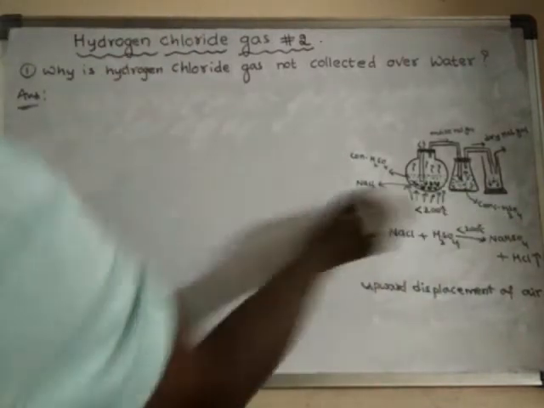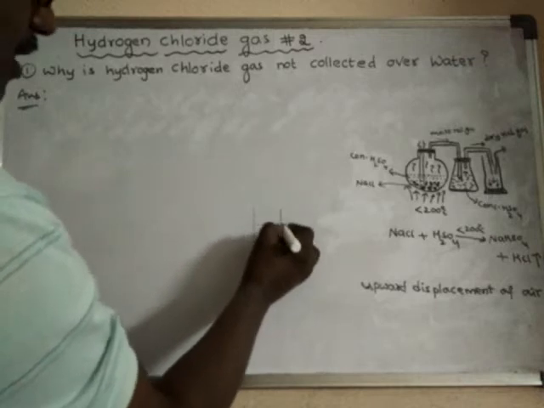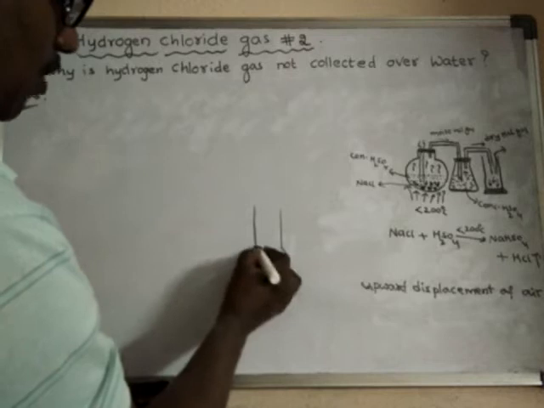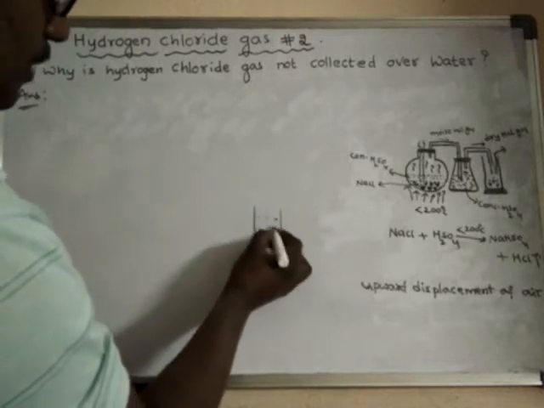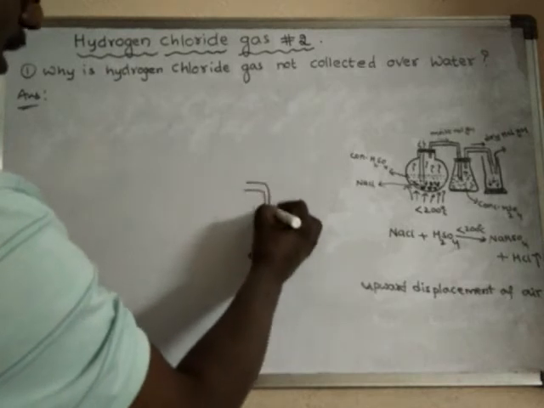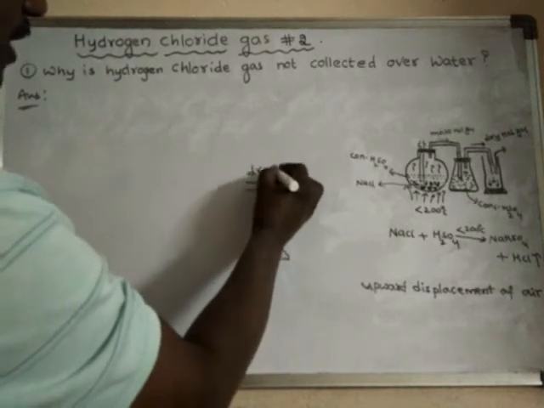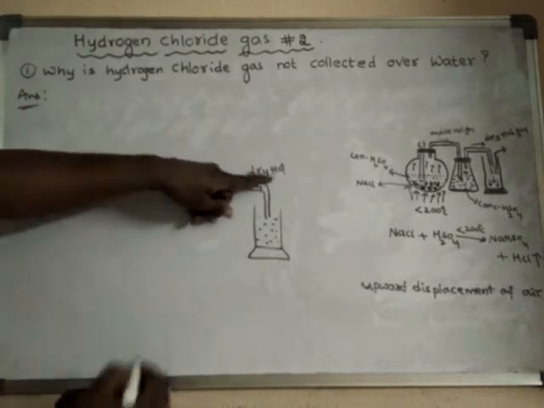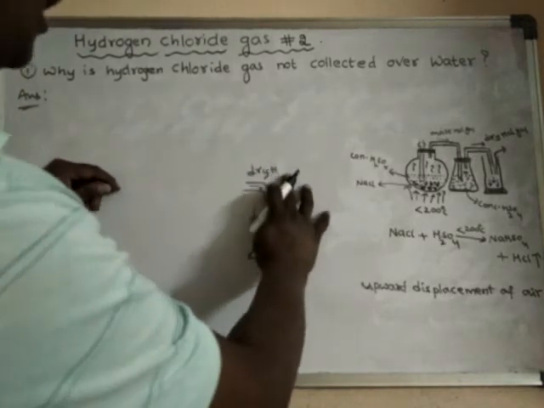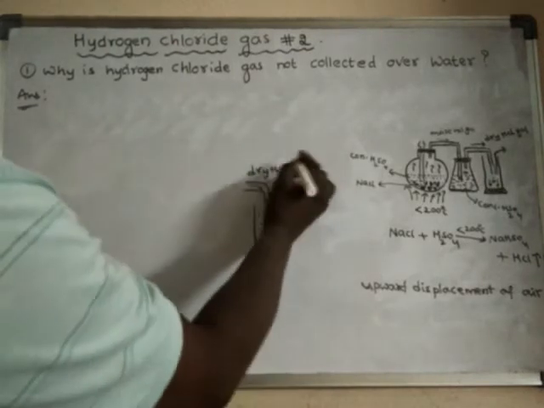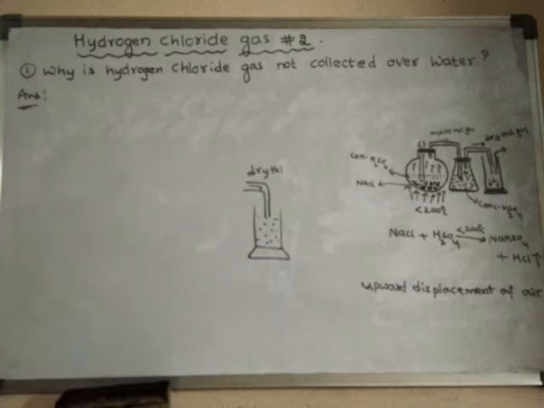Suppose the gas collecting jar contains water, and dry HCl gas is allowed into this one, what happens? This dry HCl gas is highly soluble in water.